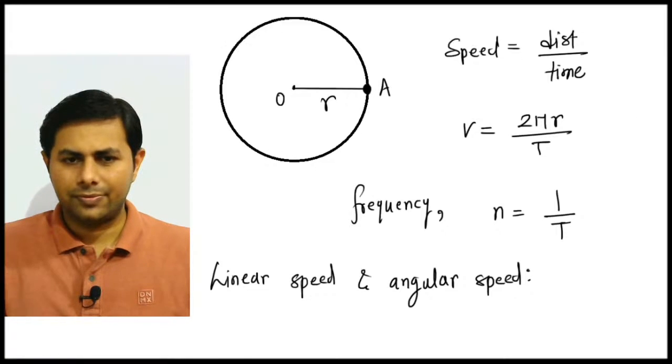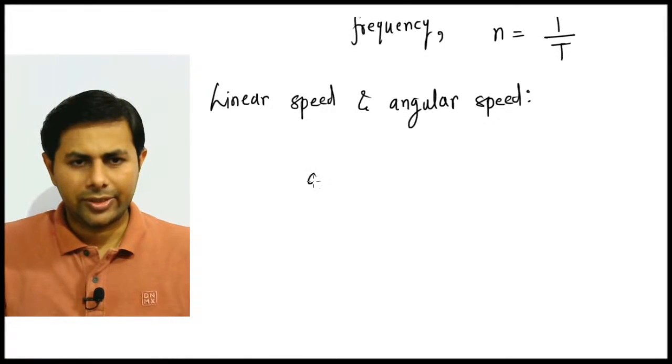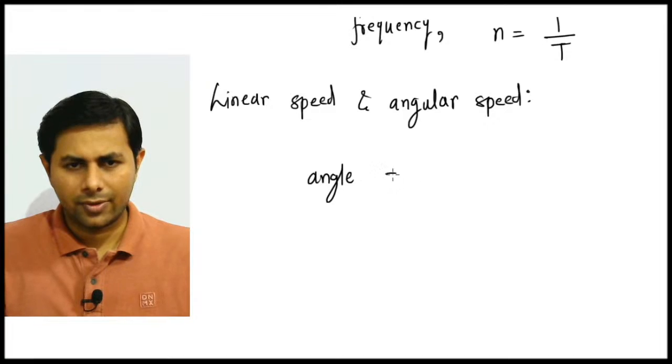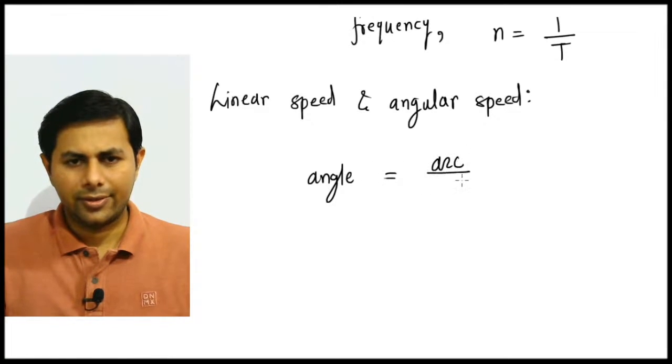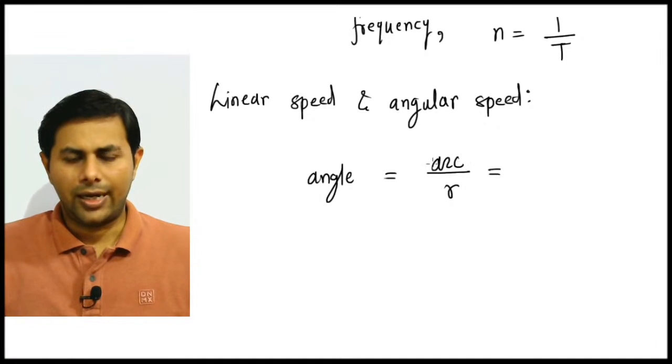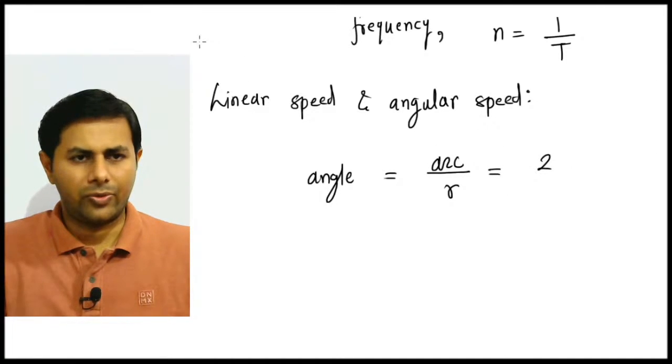So we know angle equals arc upon radius. Arc length is for one revolution.